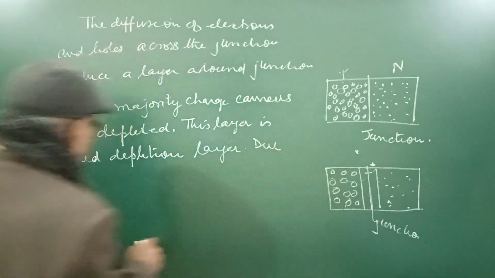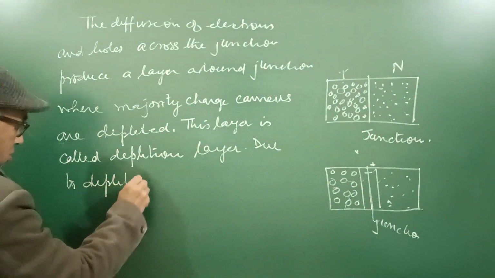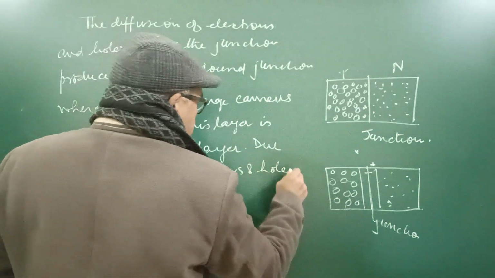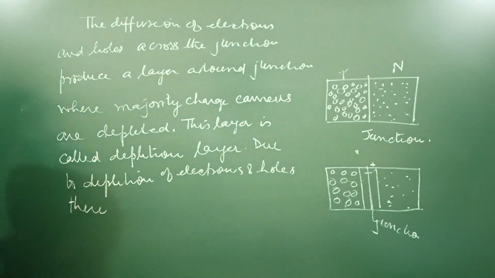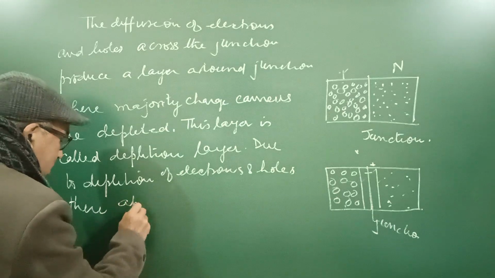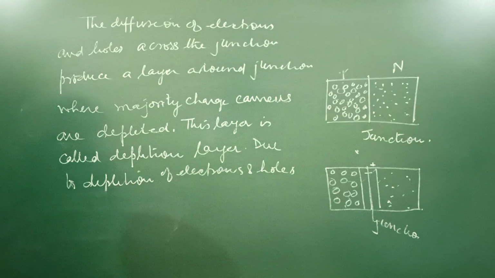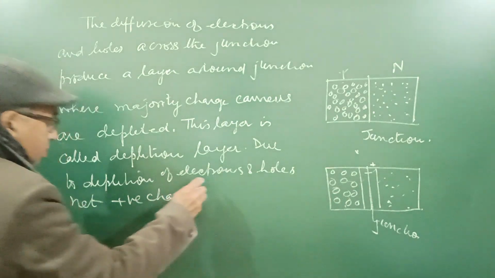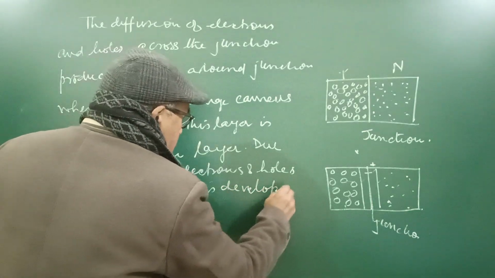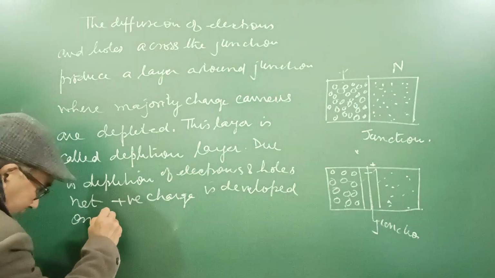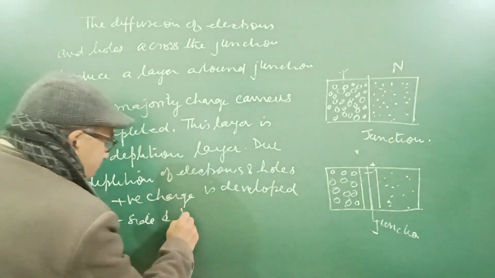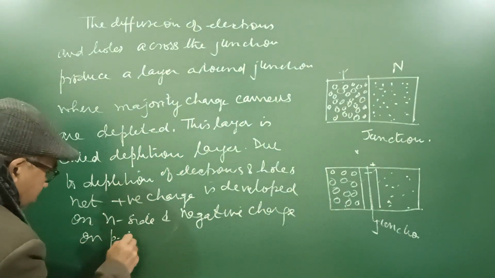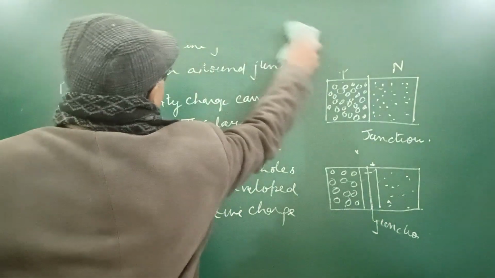So due to depletion of electrons and holes, there appears a net positive charge developed on the N side and negative charge on the P side.